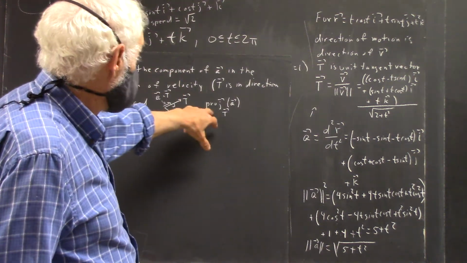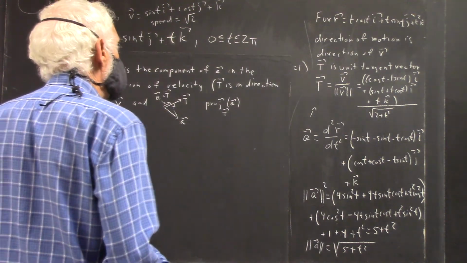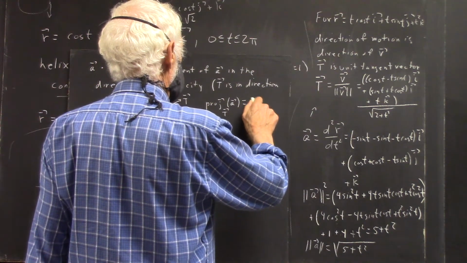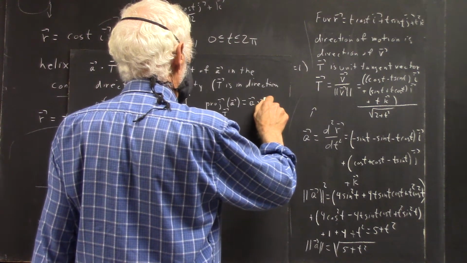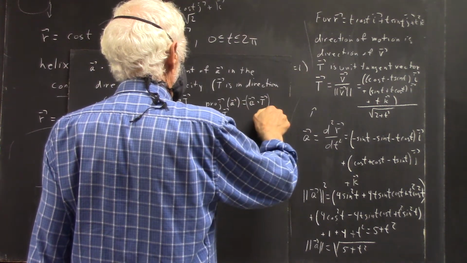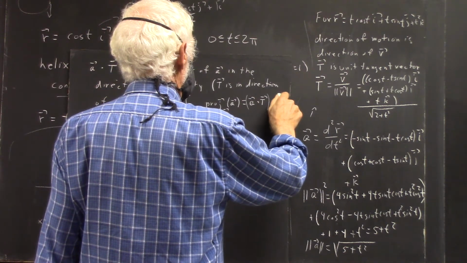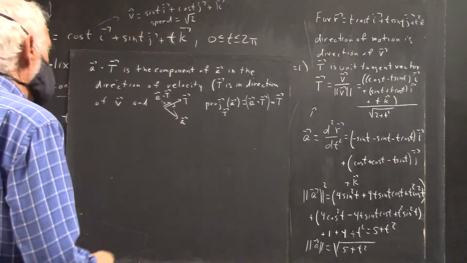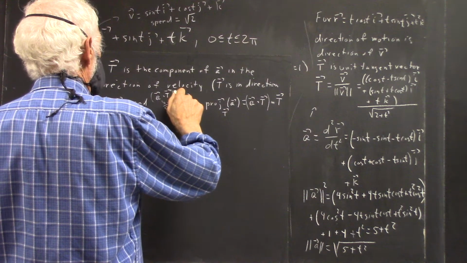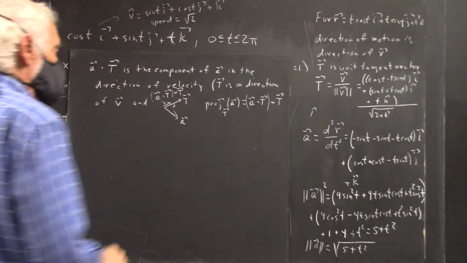And so you have this projection. I say this is A dot t, the magnitude of this thing with sign. We have to multiply it by the t vector now.